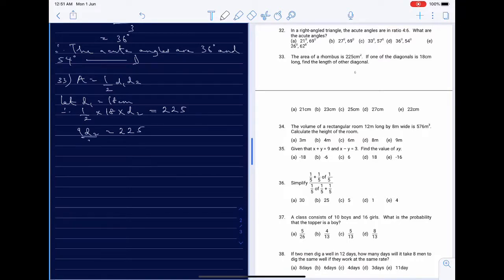We can now divide both sides by 9 to get the second diagonal. D2 equals 225 divided by 9. That's 25 centimeters.